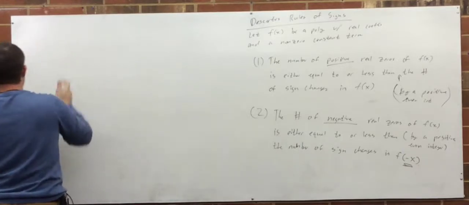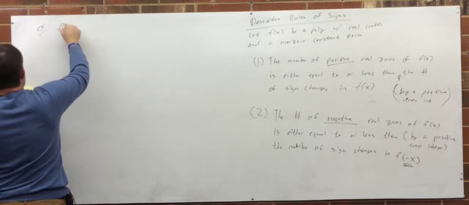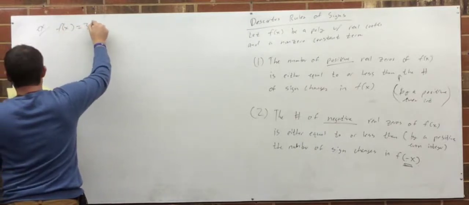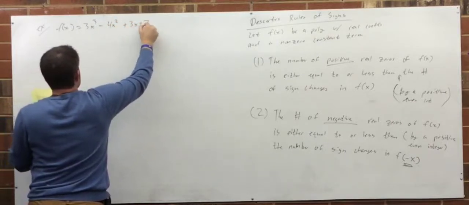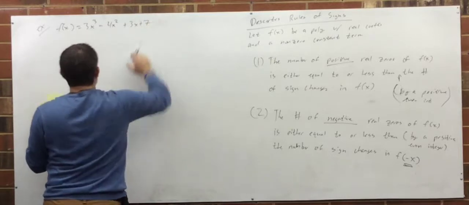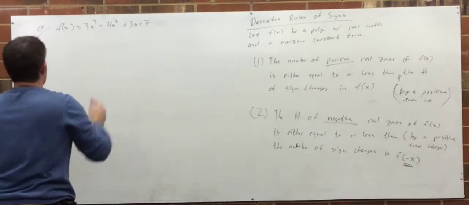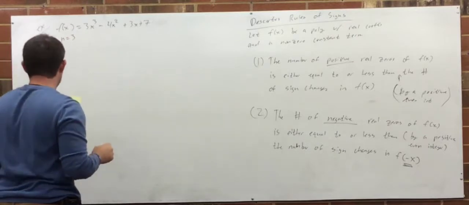Alright, so first example, let's say f of x equals 3x cubed minus 4x squared plus 3x plus 7. Well, we see that our n is equal to 3.